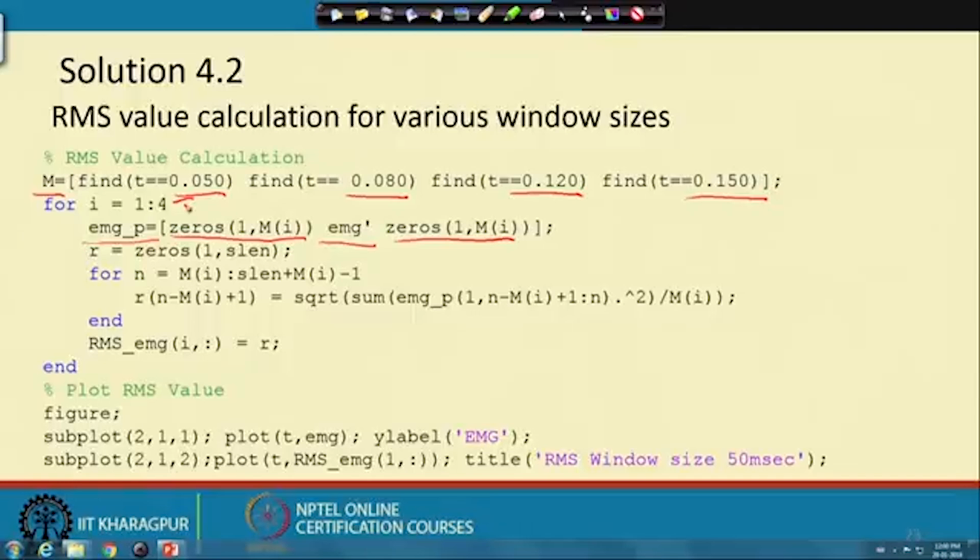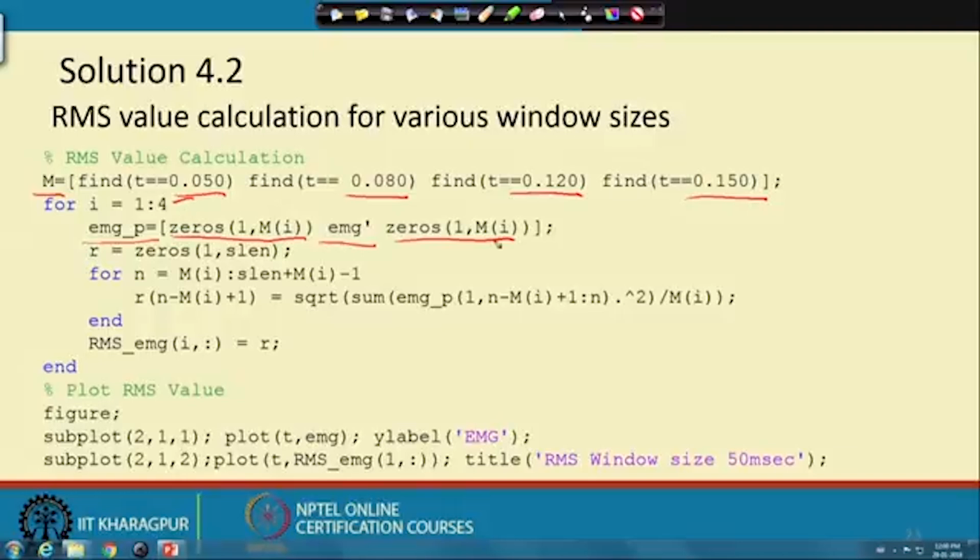And if we look carefully, the number of windows is going to decide the amount of averaging on the RMS value. That is, what degree of low pass filtering will be applied on the RMS.